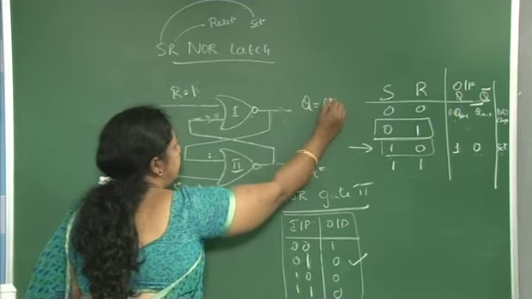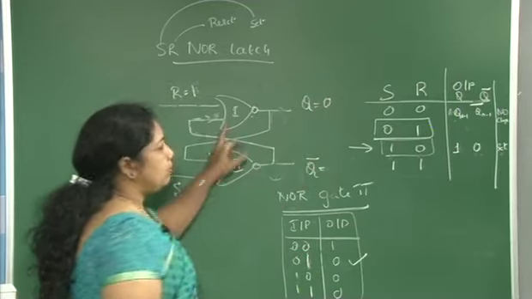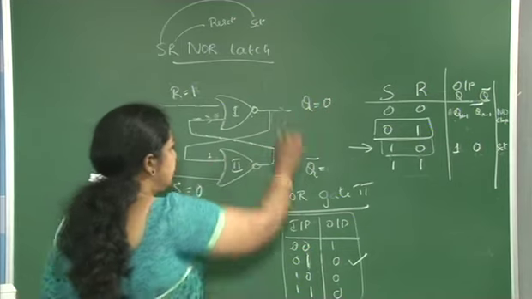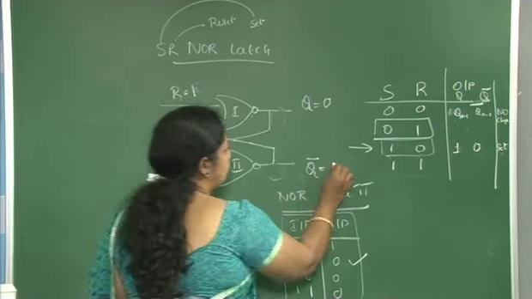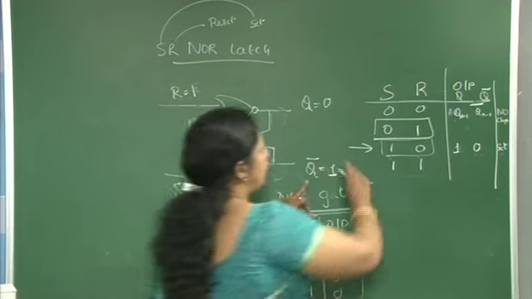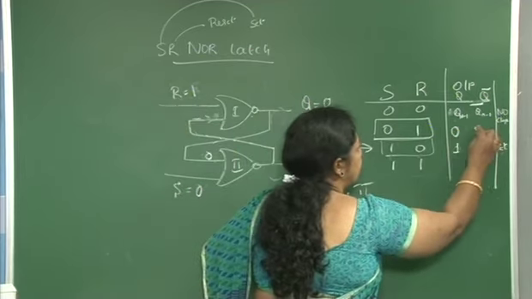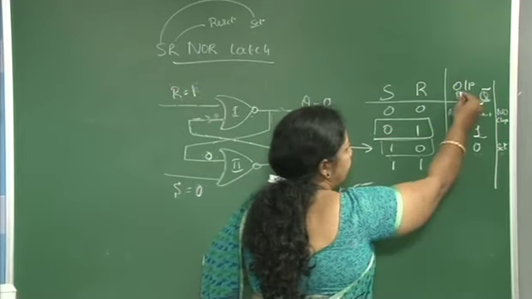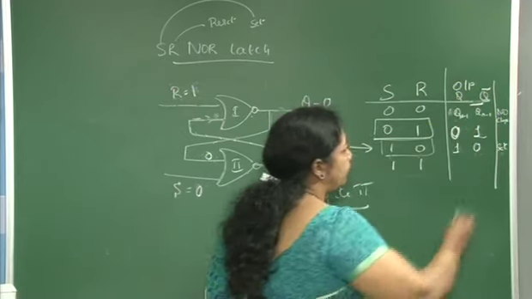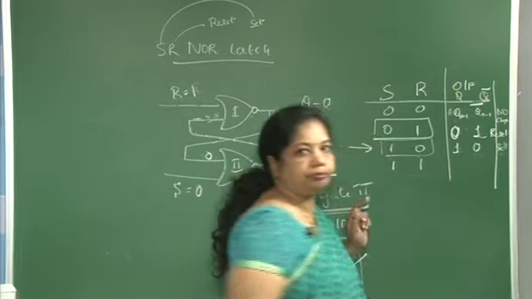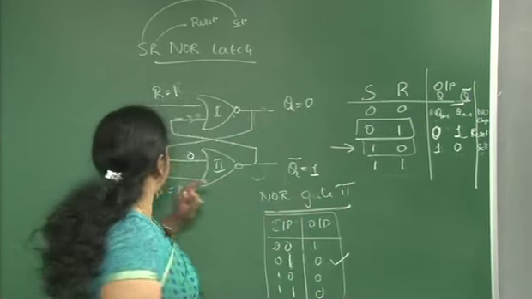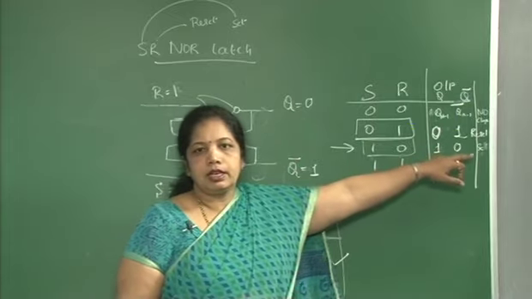So here the upper NOR gate output is 0. This 0 is fed back here, and 0 and 0 gives 1. So my output over here is 0, 1. If my Q output is 0, we call this the reset condition.